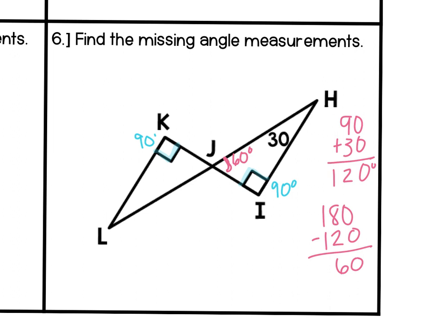And if you look at these angles, what's special about them is they are across from each other and they share a vertex right here. So that means they are vertical angles. Since they are vertical, that means that this angle is also 60 degrees.